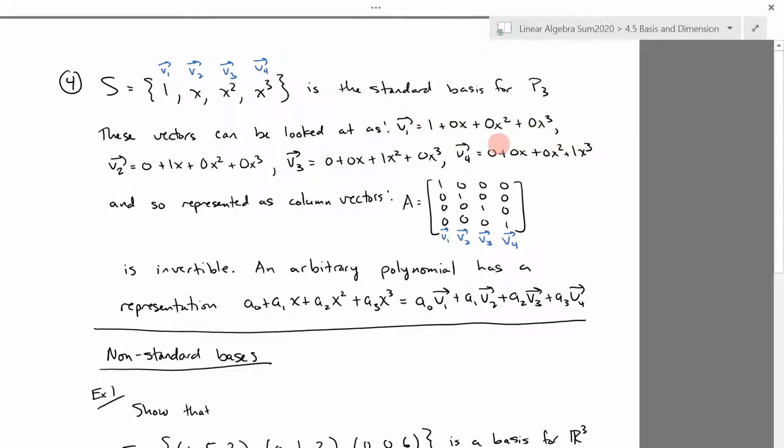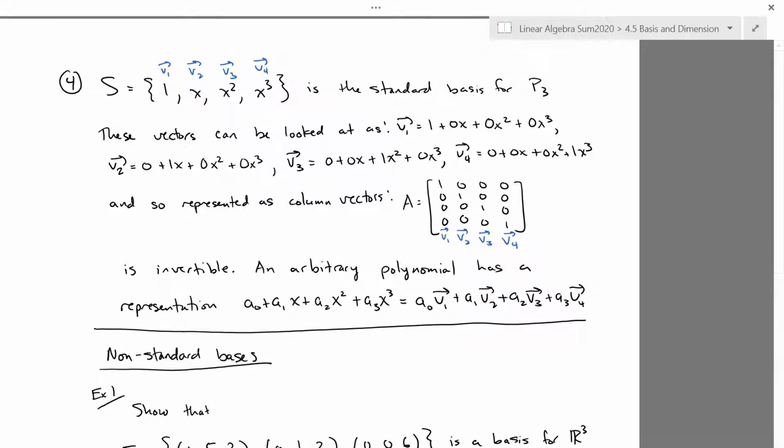Right, so each of these are thought of as third degree polynomials, where the coefficients are 0 if it's missing a particular term. And so if we think about the vectors in this way, then we can represent them as column vectors in exactly this way until we again form the identity matrix, which is invertible.